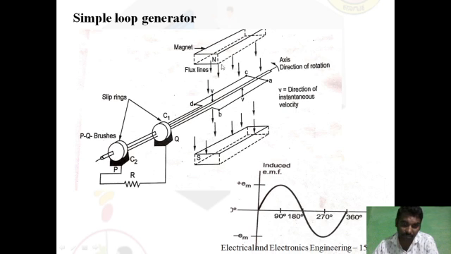So a magnetic field is created with the help of this magnet, and the strength of the magnet depends on the conductor which is wound on the material, the amount of current which you are passing, and the speed of rotation of the conductor.